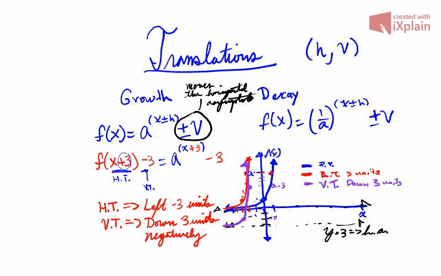So the horizontal left translation, then the vertical, and voila. Okay, so this would be f of x equals a to the x plus 3, minus 3. And that's the purple one. So let's do another one for kicks and giggles.